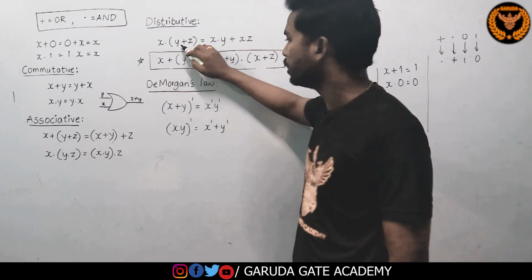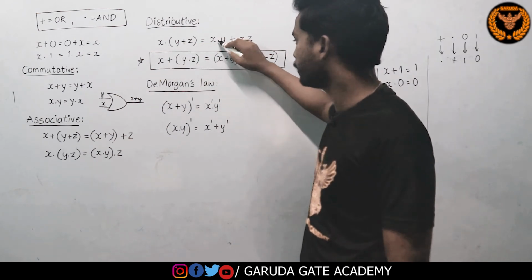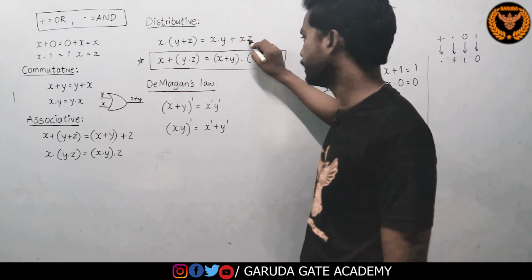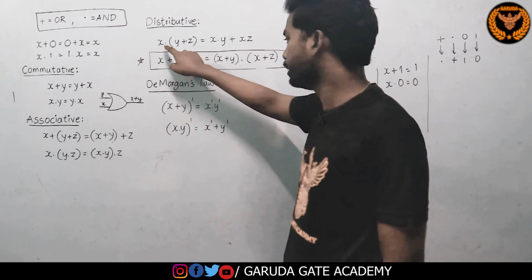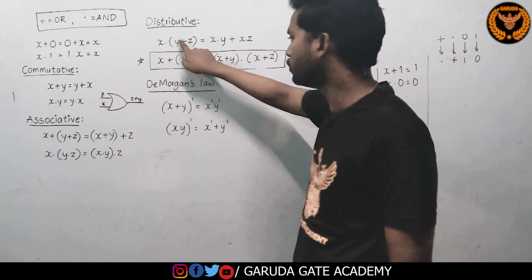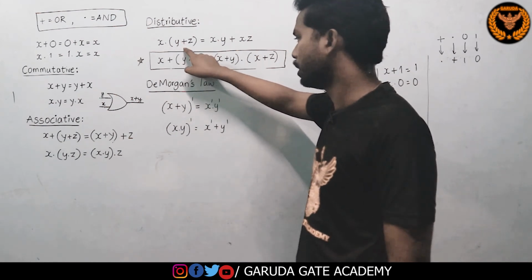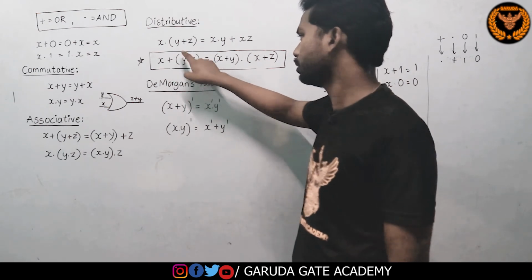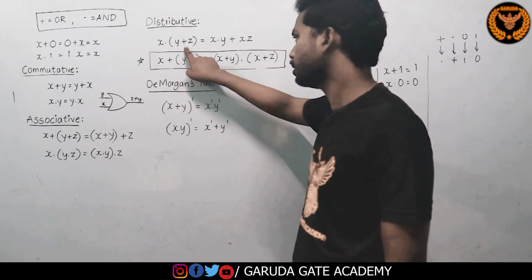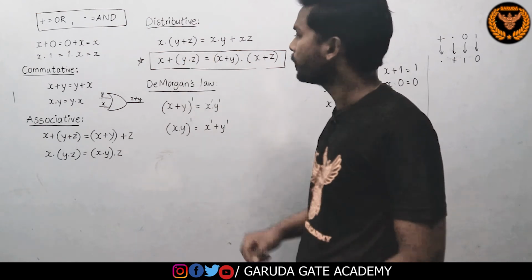x dot (y plus z) is equal to x dot y plus x dot z. So this can also be framed as dot is distributive over plus, like that, right?